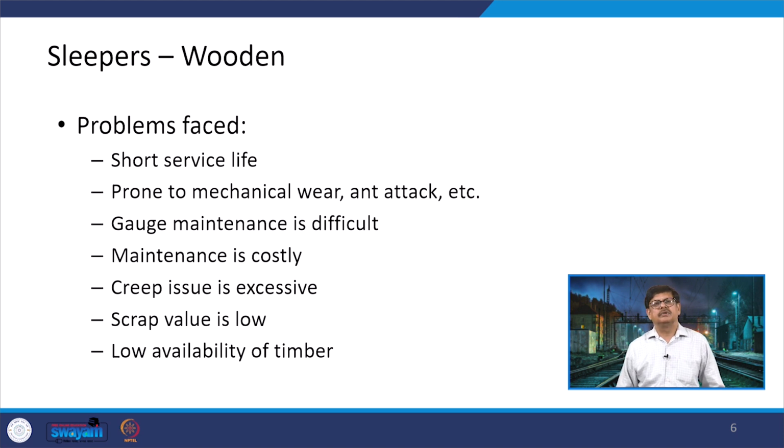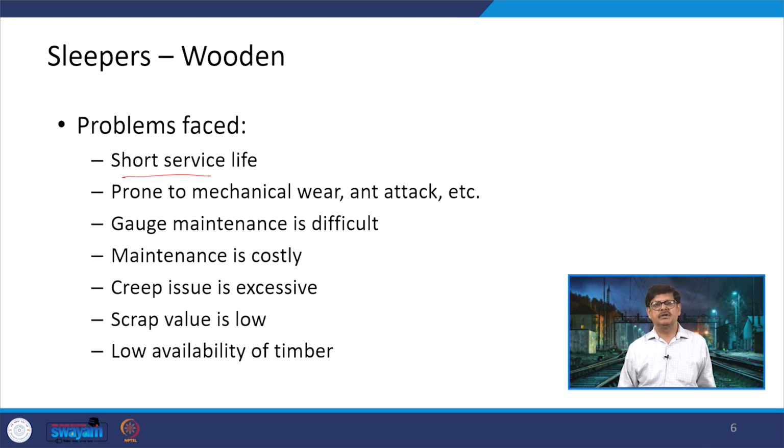But there used to be a number of problems faced with wooden sleepers. As we have seen, they have a life of either 12 years or 19 years, so this is termed a short service life, because we are comparing this life with the other components used in the track, specifically the fastenings and the rails above the sleeper.